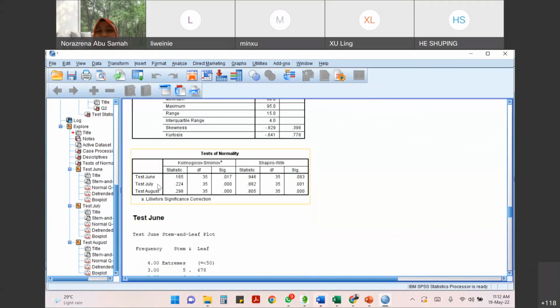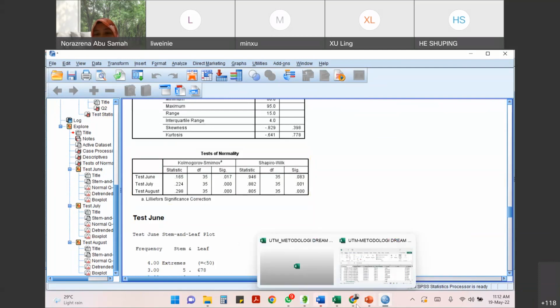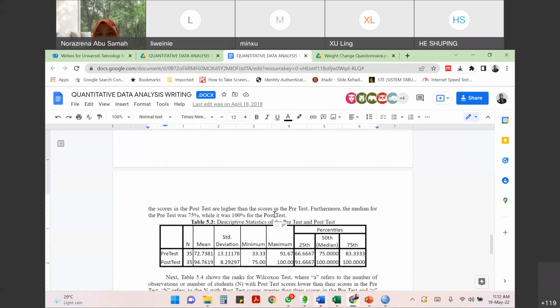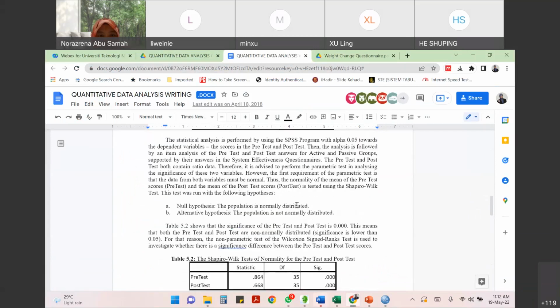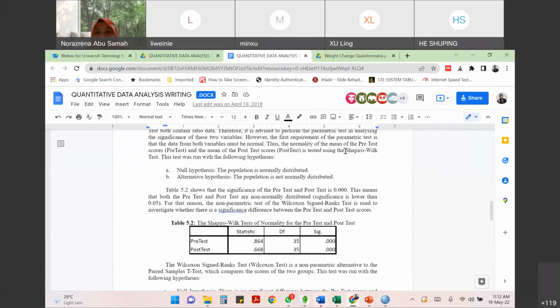Just copy this table, like for my example here. This is the table, but I only use the Shapiro-Wilk. This one I mentioned right here.